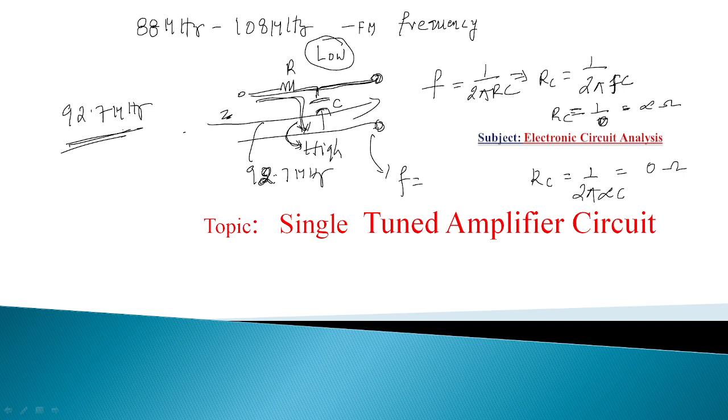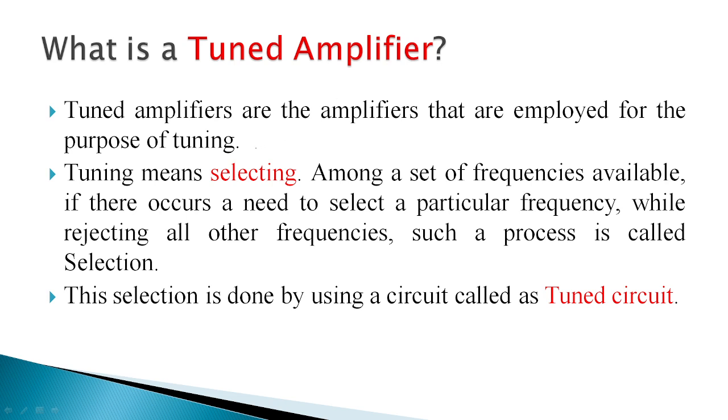It allows our required frequency and it will stop the other unwanted frequency signals. That is our user application. Here we can see what a tuned circuit means. Tuning means selecting. We can select our required frequency as per our convenience.